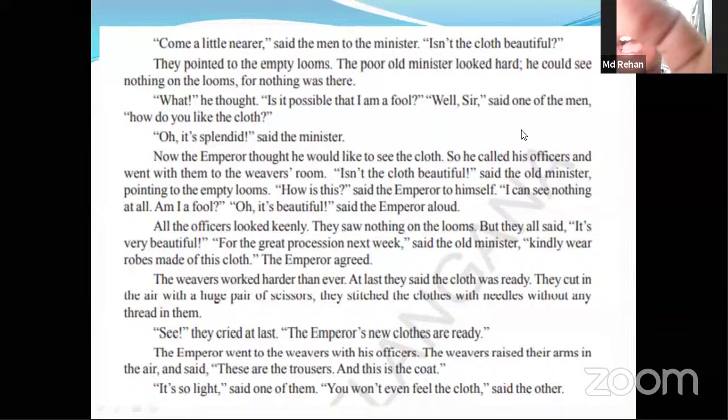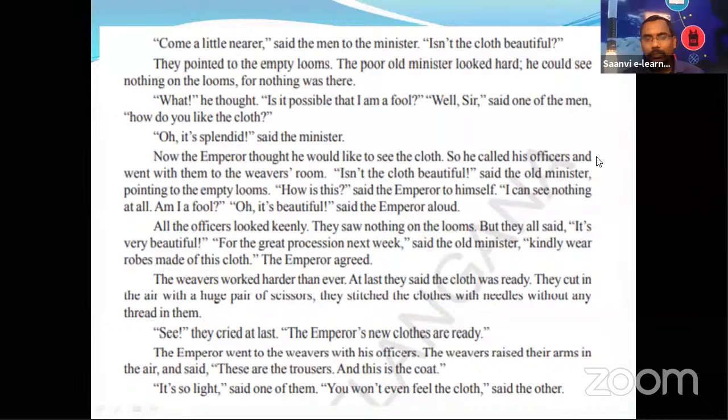The emperor thought he would like to see the cloth. So he called his officers and went with them to the weaving room. Is the cloth beautiful? Look at the cloth, beautiful, said the old minister, pointing to the empty looms.